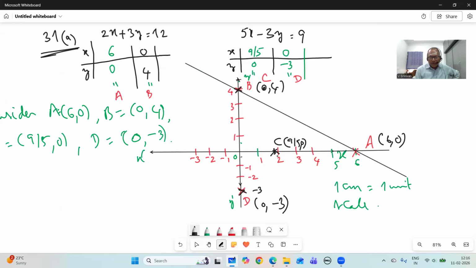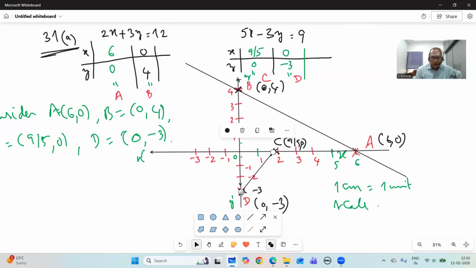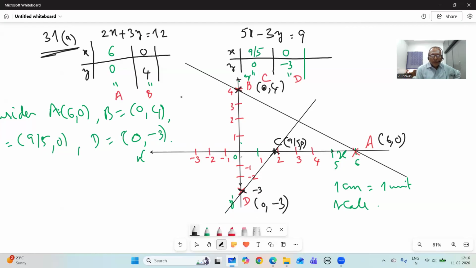Now you join C and D with the help of a line segment. You extend this on both sides. So we have drawn. Let us call this equation number one. Let us call this equation number two.